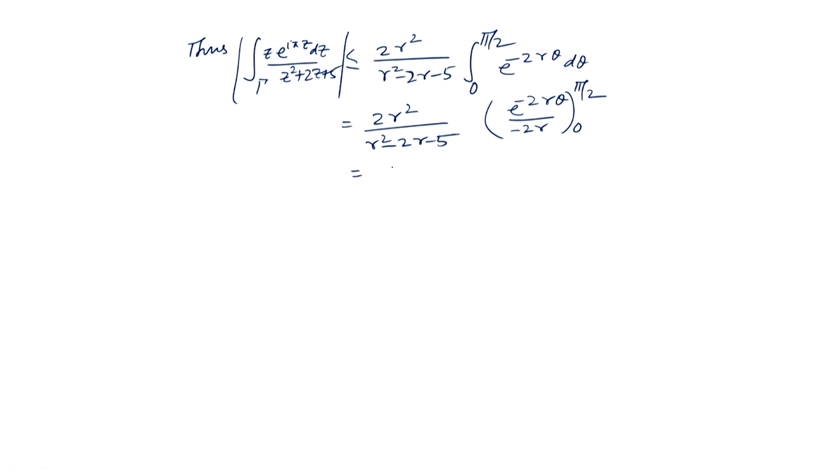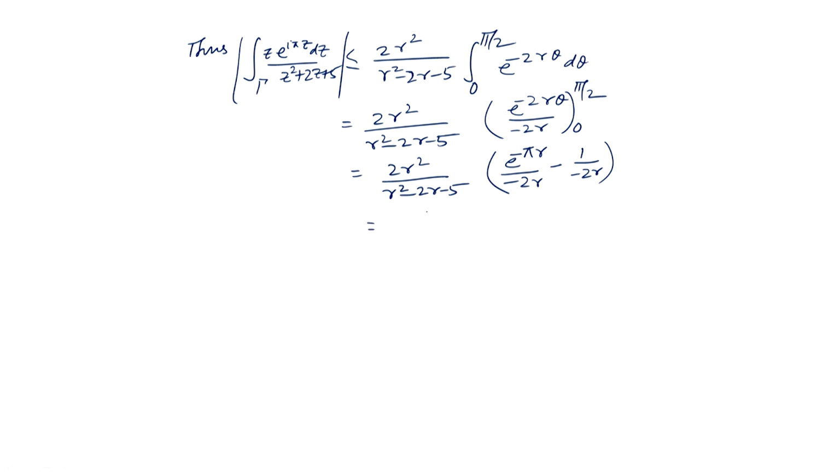And what do we get here? 2r square upon r square minus 2r minus 5, and now when you put pi by 2 here, e to the power minus pi r, divided by minus 2r, and then you get here minus 1 upon minus 2r.